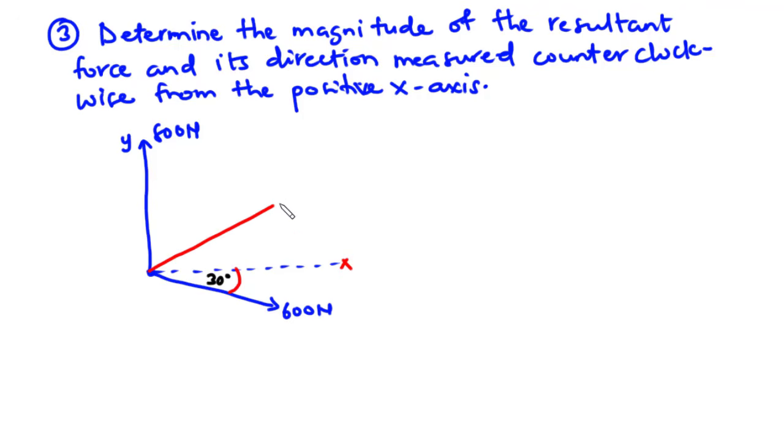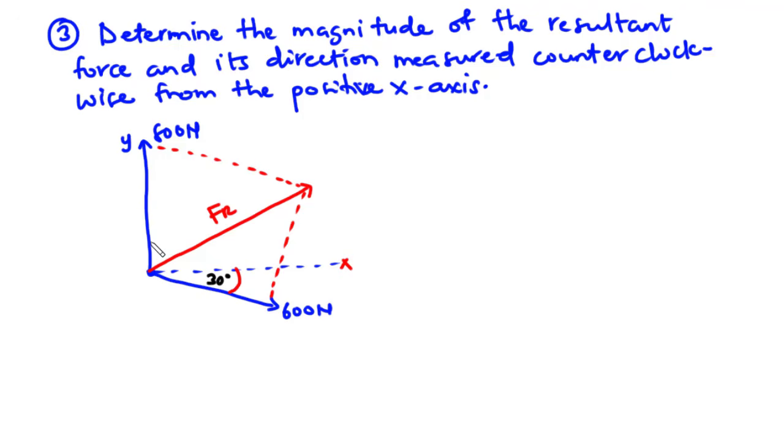So we have the resultant force Fr here, and then let's try to draw the parallel lines. Now the angle between the positive y-axis and the positive x-axis is 90 degrees. So 90 plus 30 is 120 degrees.